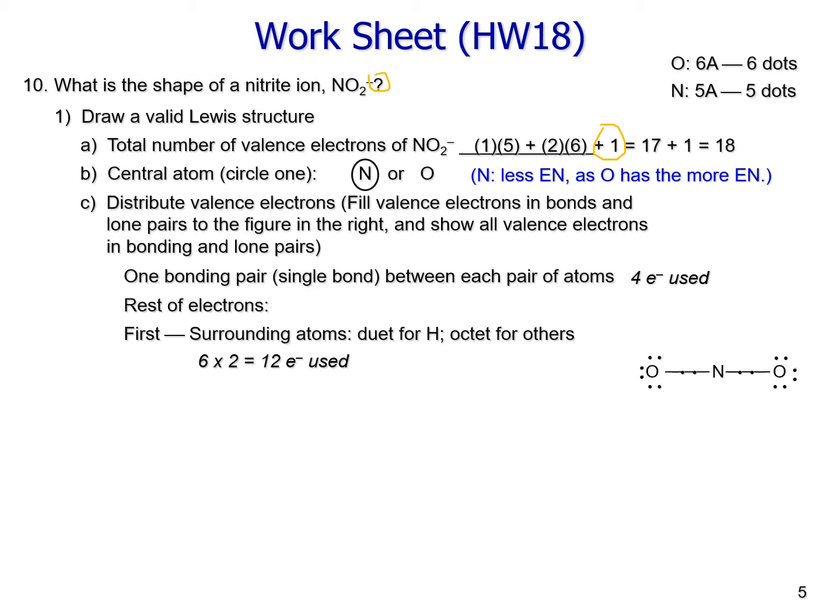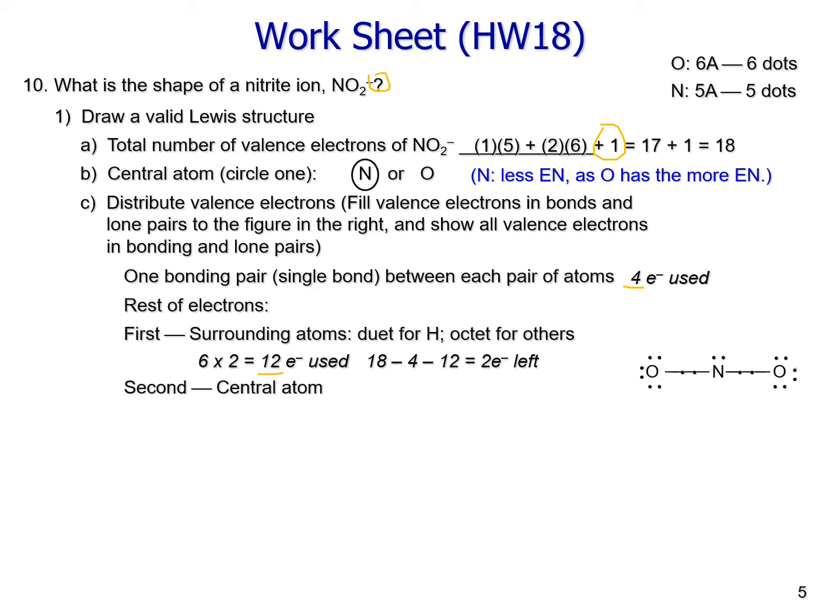And the overall number of valence electrons we're going to distribute is 18. So 18 minus 4 minus 12, we have 2 electrons left. The 2 electrons go on the central atom.